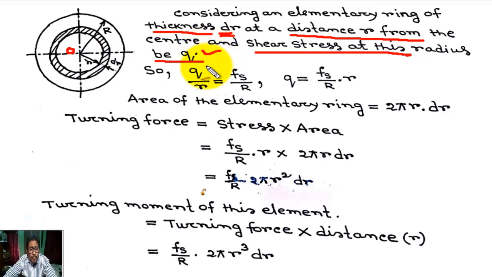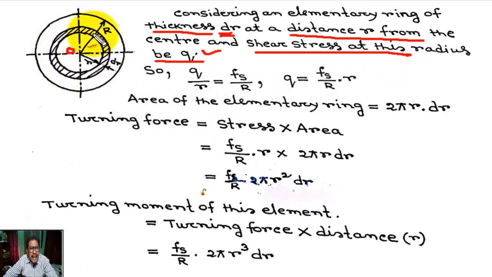We know the ratio of shear stress and radius from the center is constant, so q by r equals Fs by capital R. So the shear stress induced at radius r, q, equals Fs by R into small r.